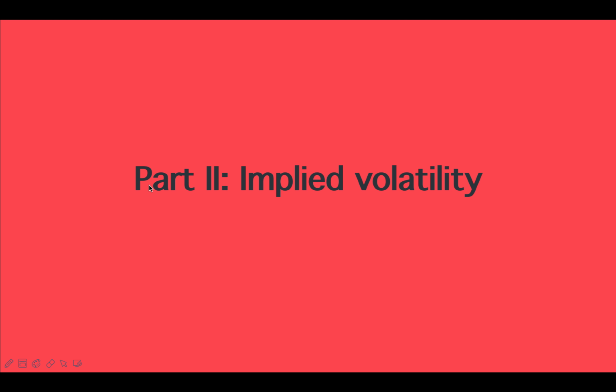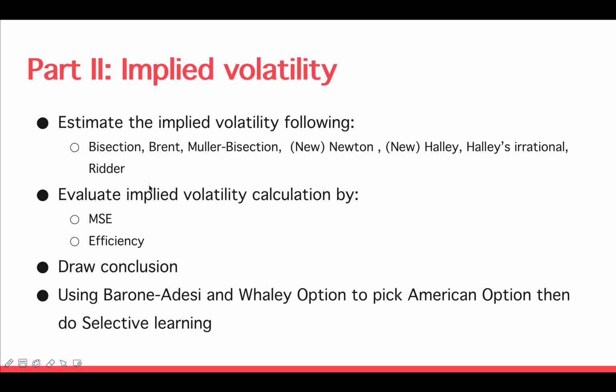Okay, for this part we will discuss how to estimate implied volatility. In the first part, we will use math methods to estimate implied volatility, like Bisection, Brent, Muller-Bisection, Newton, Halley, and Ridder.